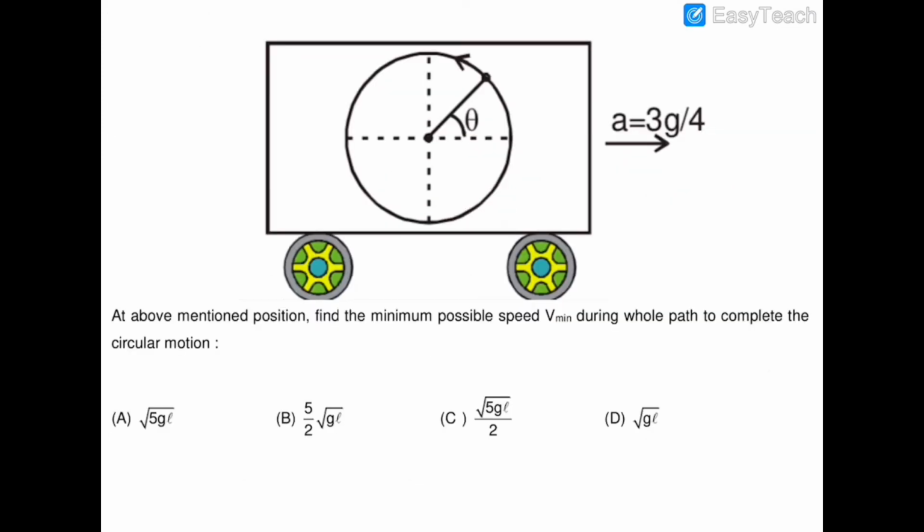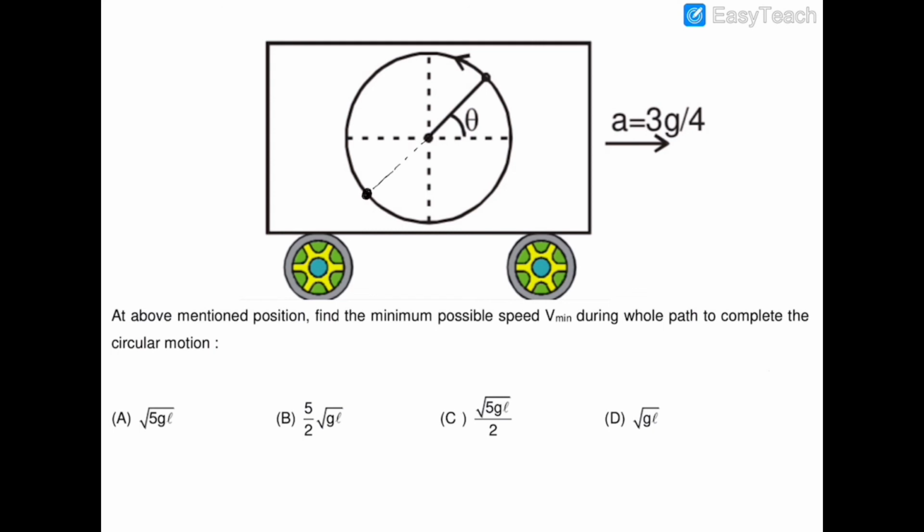Now we move on to the next question associated with this one. This is a comprehension. So in this question we have to find out the minimum possible speed during the whole path when the body completes the circular motion. So we know already that the minimum possible speed is just opposite to the equilibrium position.